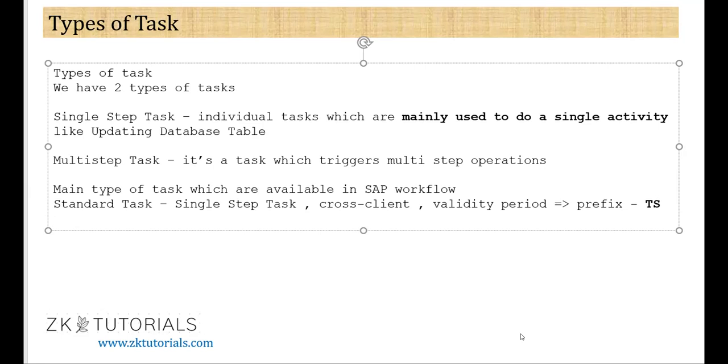Sometimes in workflow, after moving the workflow to the production system, we want something for a specific time period. At that time, the validity period comes into the picture. So for the standard task we can maintain the validity period. I hope this is clear to everyone, guys.